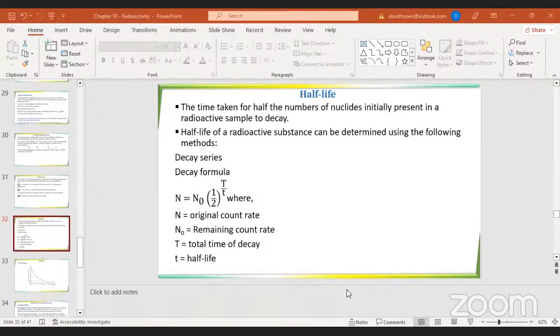A quarter, no. 1.5, no. Please kindly listen. What fraction of the original sample will have decayed?